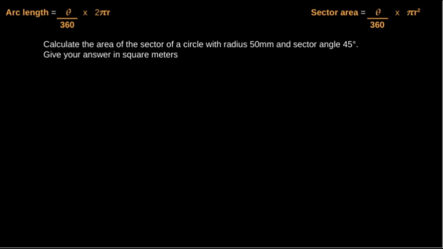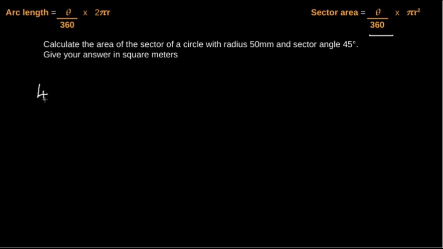Calculate the area of the sector of a circle with radius 50 millimeters and sector angle 45 degrees. Give your answer in square meters. So we have the formula for the area of a sector right there. Theta over 360 times pi r squared.